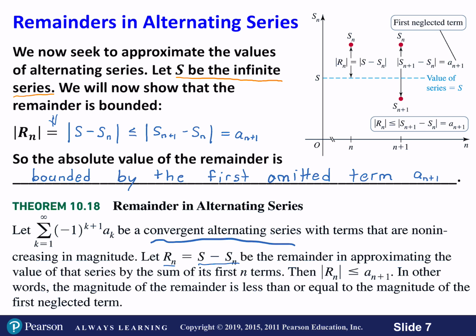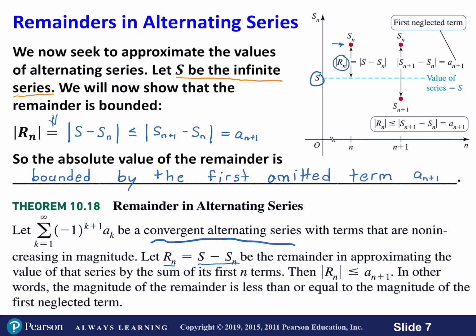So here's a picture to kind of help illustrate. The true value for the series is S. It is right there. Sn is some approximation for the series. It is up here. So it's kind of close, but there is some error associated with this partial sum. And that error is Rn. As we get more and more terms in, this Sn will actually get closer to the true value of the series.